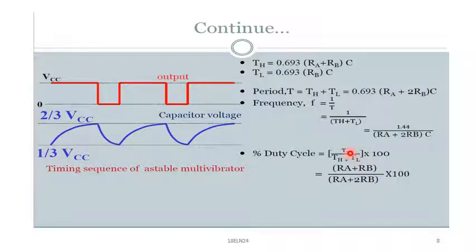So I have the equation there, 0.693 into RA plus RB into C divided by 0.693 into RA plus 2RB into C. So 0.693 gets cancelled, C gets cancelled, we'll get RA plus RB divided by RA plus 2RB, into 100. So this is about the duty cycle, the percentage of duty cycle.